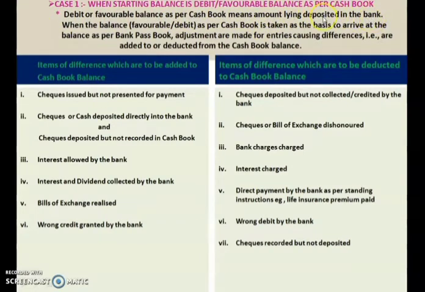That means in your bank account there is amount deposited, or you can say there is enough cash in your bank account. When the balance, that is favorable or debit balance as per cash book, is given or taken as the basis to arrive at the balance as per bank passbook, adjustments are made for entries causing differences, that are added to or deducted from the cash book balance.